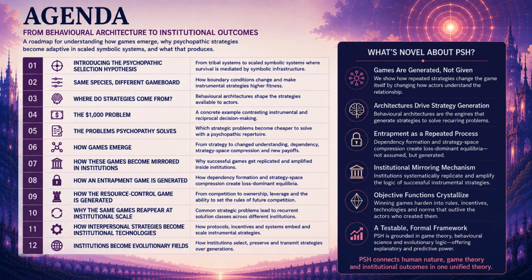And then finally, we'll look at symbolic selection itself, how successful behavioral strategies become embedded in incentives, technologies, rules, and of course institutions, until institutions begin preserving the results of previous selection and imposing them on the next generation of actors entering into the system.